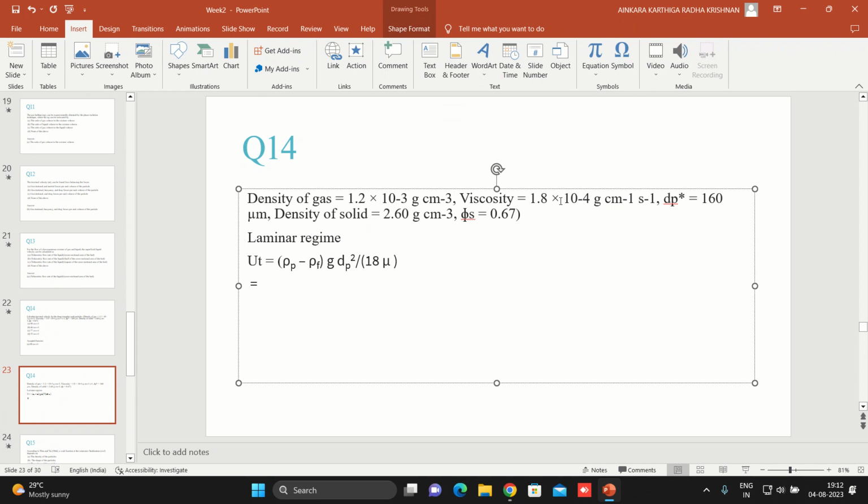rho p minus rho f. Rho p is 2.60 minus 0.0012.